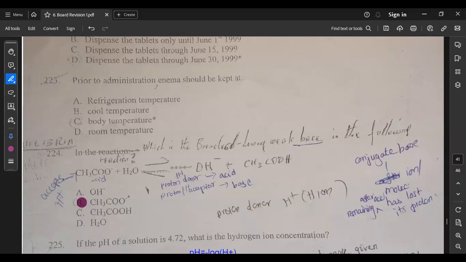If the reaction is going backwards, the hydroxide ions will be the conjugate base. But CH3COOH is also a weak acid, so it's the conjugate acid in this reaction. For the OH and the CH3COO, won't the OH be a bit stronger than B?